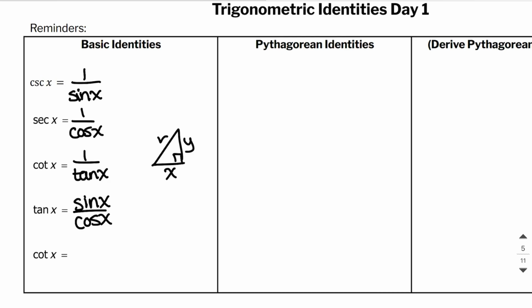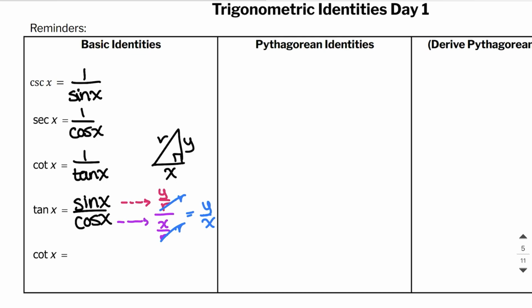So we know that sine of x ends up being y over r, and cosine of x ends up being x over r. Then we can multiply by r in both the numerator and the denominator to cancel them out. And then we end up getting y over x, which is what tangent is. So that shows you that tangent of x really truly is sine over cosine, okay?